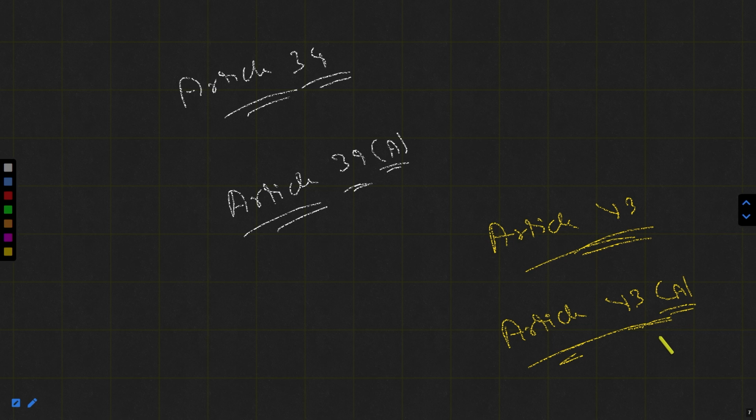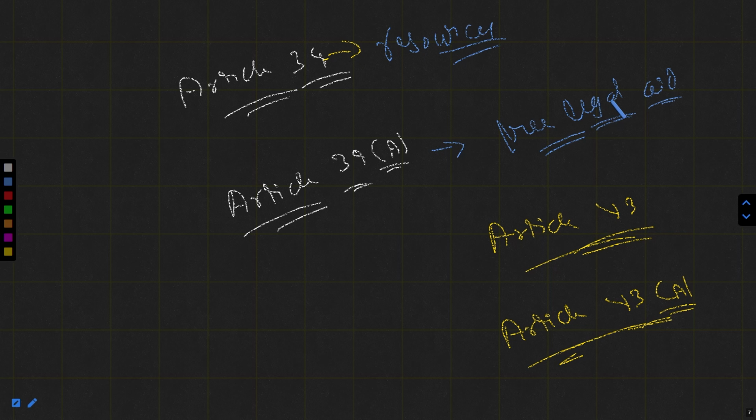So, what have you seen here? That's the main question. Article 39 basically deals with the distribution of resources. In DPSP, you can go and revise them. Whereas 39A basically talks about free legal aid. So there is a total change between the two articles, but the number is the same. Similar with the others.